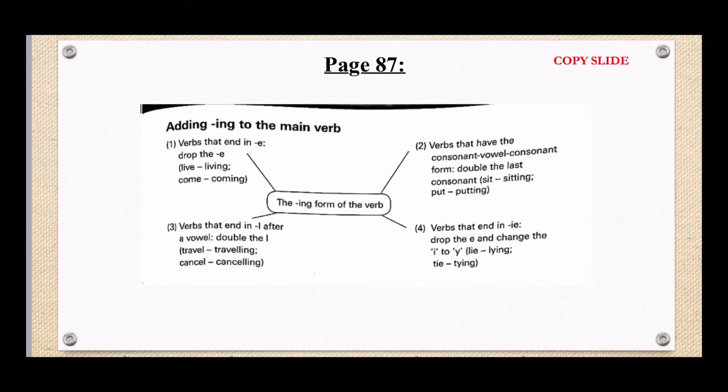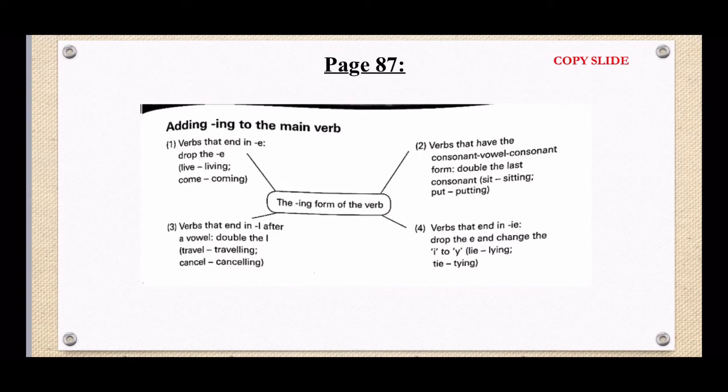And lastly, number 4, verbs that end in ie, we drop the e and change the i to y. Let me just read that again. Verbs that end in ie, we take the e away and change the i to y. So if we have lie, we take that away and make it lying.